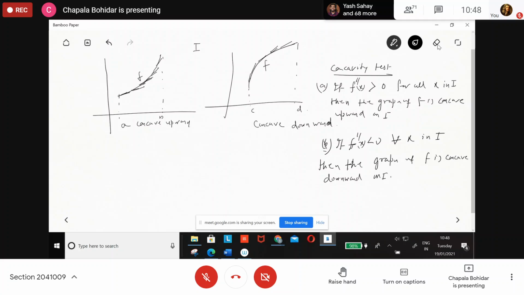Now, the second derivative test for the local maximum and minimum.